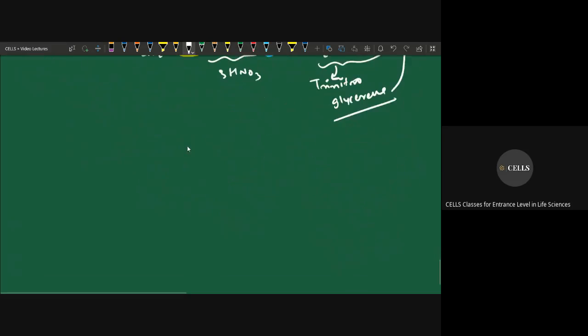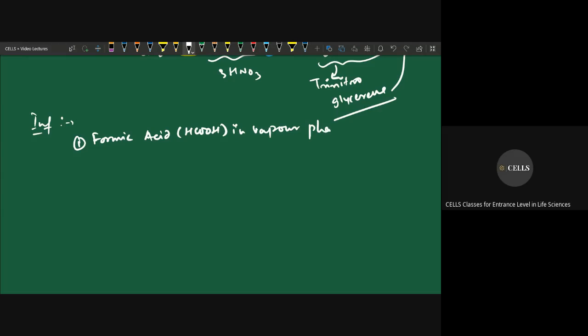Now, other points. Some important information you need to remember about carboxylic acids. First point: formic acid, that is HCOOH, in the vapor phase is known as formalin.